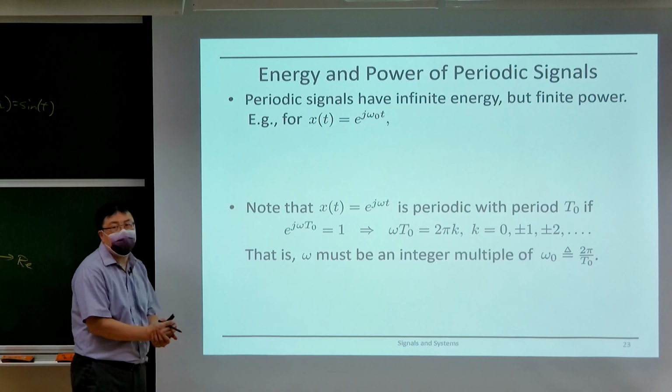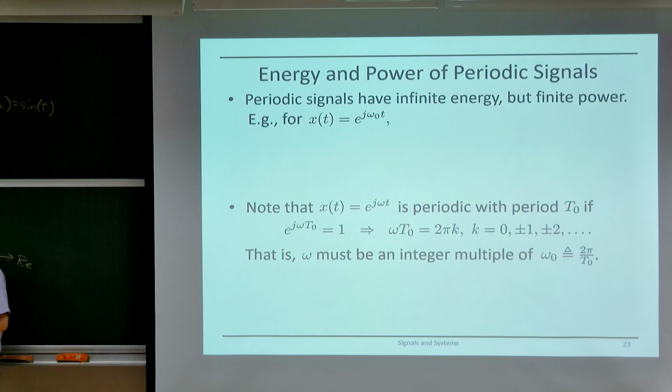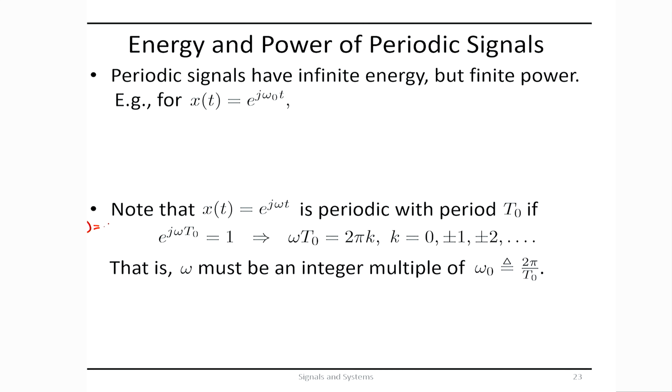If you want it to be periodic with period T naught, then x of t should be equal to x of t plus T naught. So if you plug in x of t, this means that e to the j omega t should be equal to e to the j omega t times e to the j omega T naught.